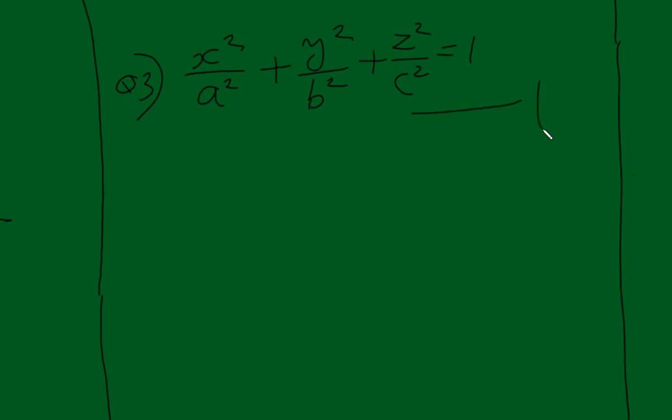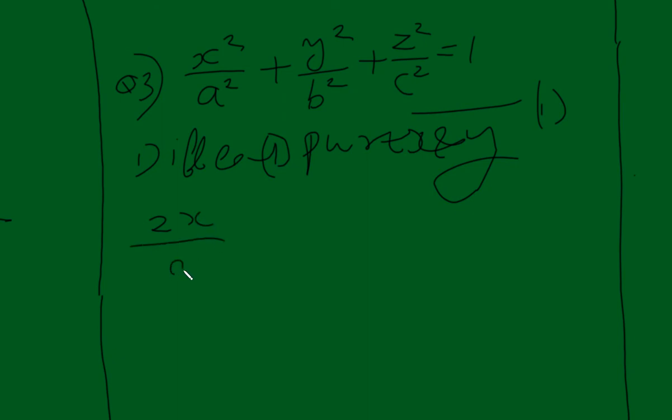This is equation number 1. Differentiating equation number 1 partially with respect to x and y, what we will get with respect to x is 2x by a square plus 2z by c square dou z by dou x is equal to 0.